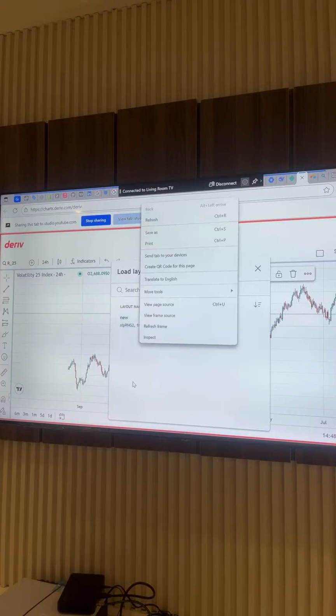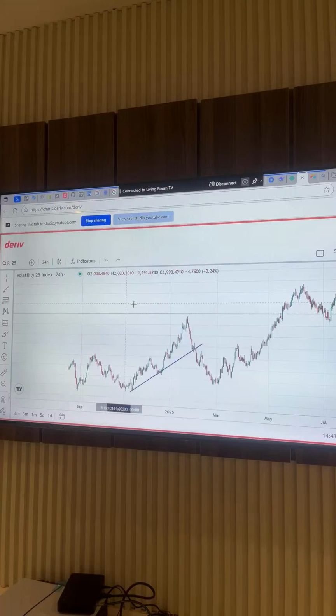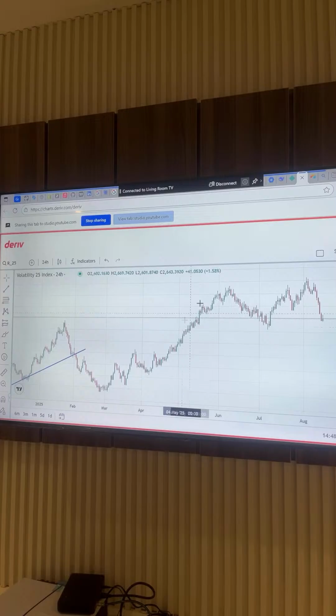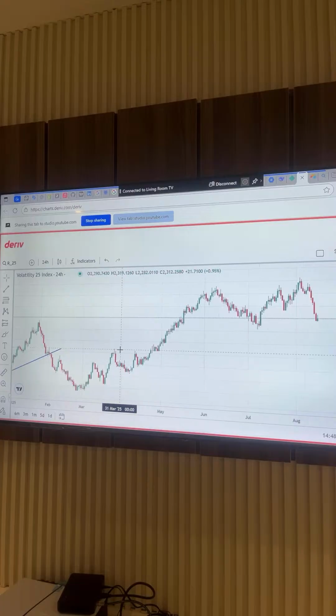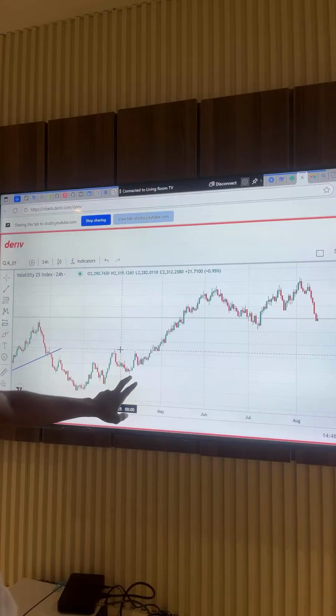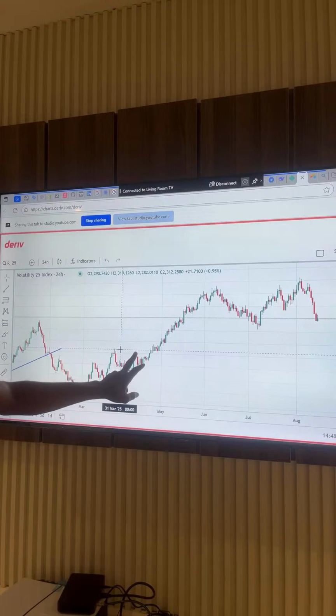So here we are, starting from the beginning as a novice. If we are to analyze this pair now, this Volatility 25 index, and we have no knowledge about it, we first of all notice that the market started a movement from this point, formed a higher high, a higher low, a higher high, then a lower low, and came to this place.